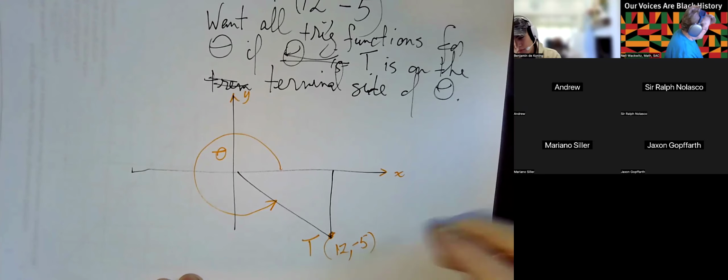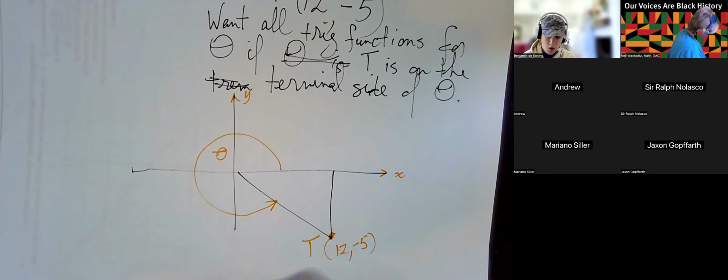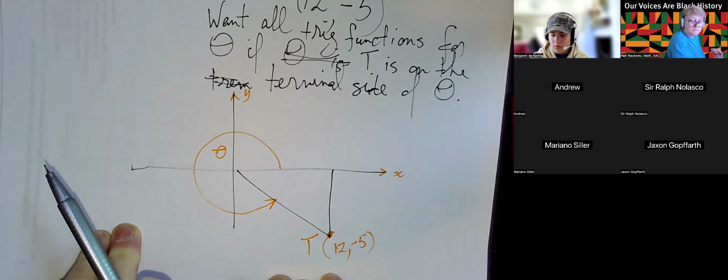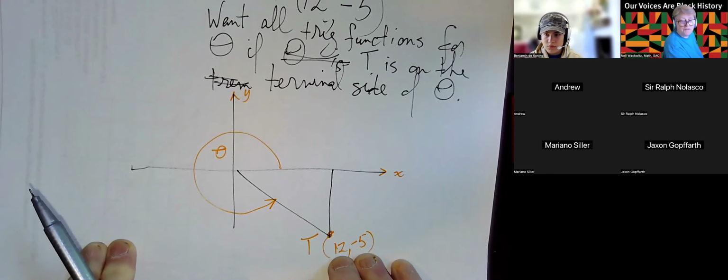And how can I label the sides of this triangle? What do the coordinates of a point have to do with the sides of the triangle?